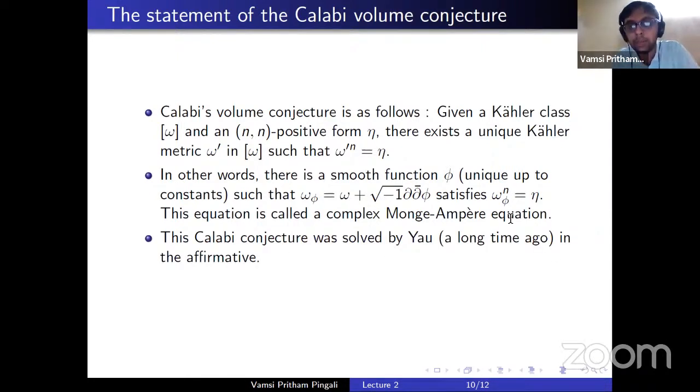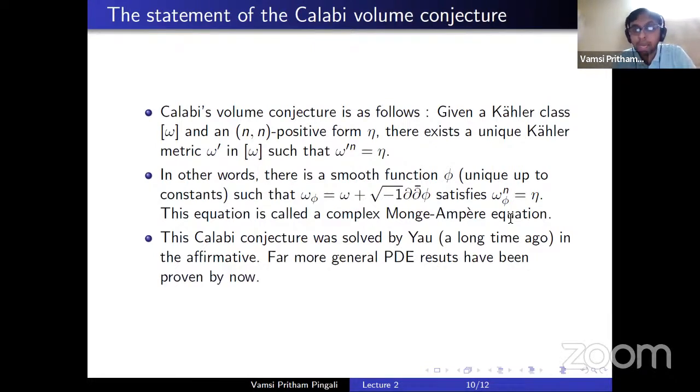This particular Calabi conjecture was solved by Yau, I think in the late 70s or early 80s, I don't remember when, in the affirmative. By now, far more general PDE results have been proven. There are various ways to generalize this particular PDE. Many people have worked on it, including myself, and several results have been proven.